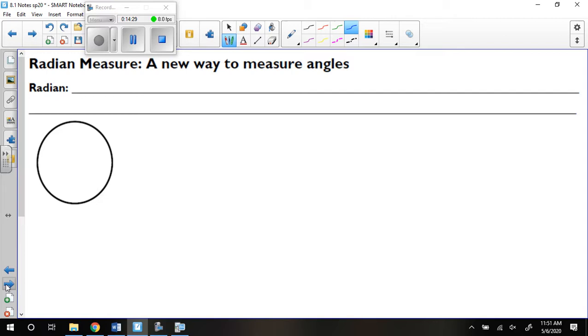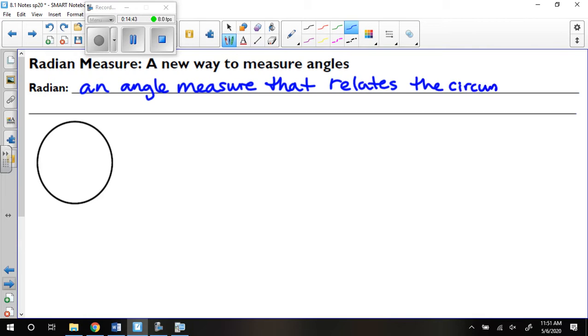So a radian is an angle measure that relates the circumference of a circle to its radius.